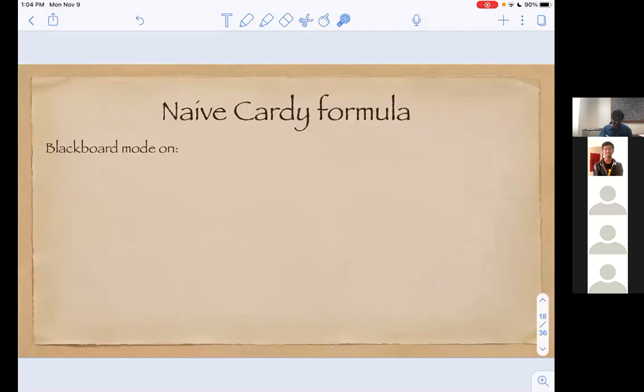Okay, so we are going to start with the naive Cardy formula at this point. So how does the naive Cardy formula work? In the naive Cardy formula, we start with the 2D CFT partition function and we use modular invariance. So we write Z of beta as Z of 4 pi squared over beta, and then we approximate it from the vacuum channel.